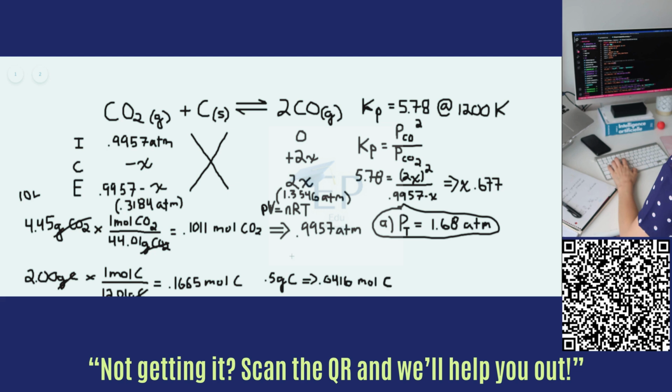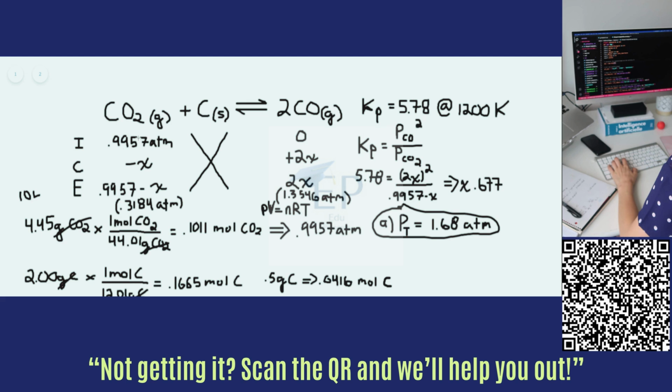Now you can see that this value is much less than the number of moles of CO2 we have at the beginning. Therefore, graphite is going to be the limiting reactant in this reaction, and we're going to use up all of it because there's a 1-to-1 ratio. For every mole of carbon we use, we'll use 1 mole of CO2, so we're clearly going to go through all of this before we get to CO2. So what we can do is to find the pressure at equilibrium.